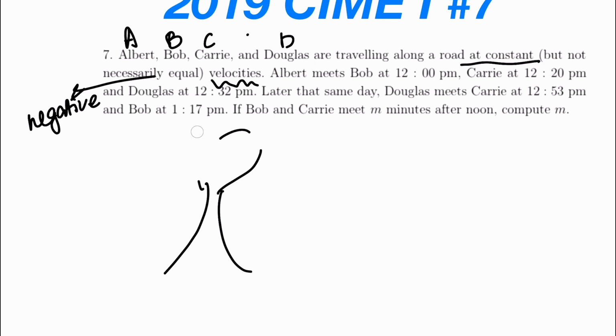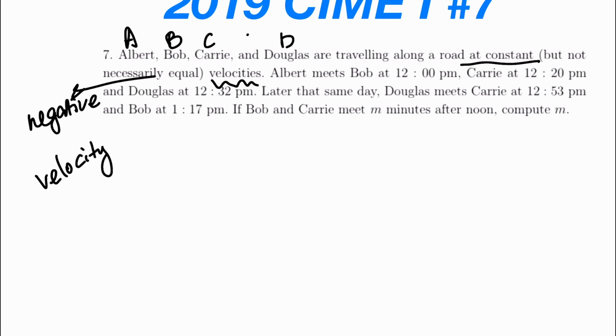There isn't, so we can assume one of the characters is staying at rest, or having a velocity equal to 0. That is one key concept that will simplify the problem a lot more.